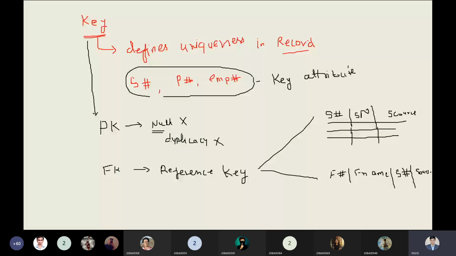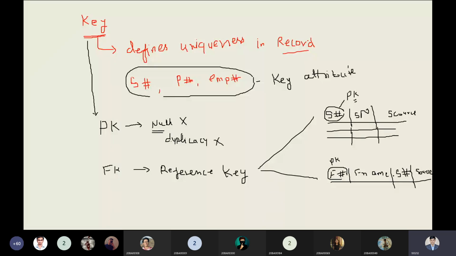So this would be a primary key, because this cannot be duplicated in the record. Same with the faculty number, it will be the primary key. But student number: this student number can be a part of this faculty, and this student can also be a part of other faculties associated with the course as well.